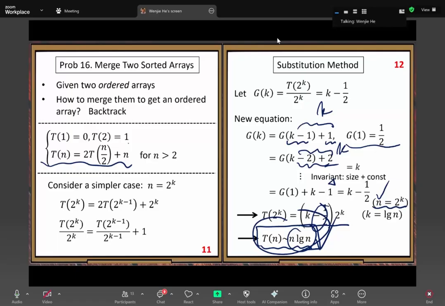I introduce that method there, so I leave it to the quick sort, part D.